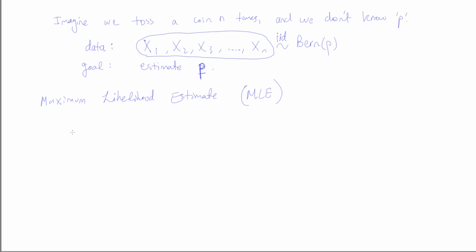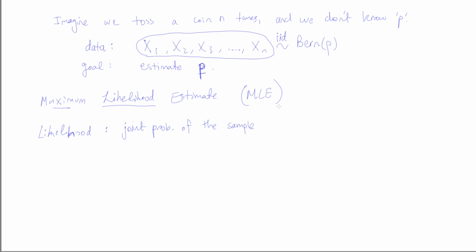Well, we need to talk about a quantity called the likelihood, because this is maximizing the likelihood. What is the likelihood? Well, the likelihood is really simple. It's the joint probability of the sample.